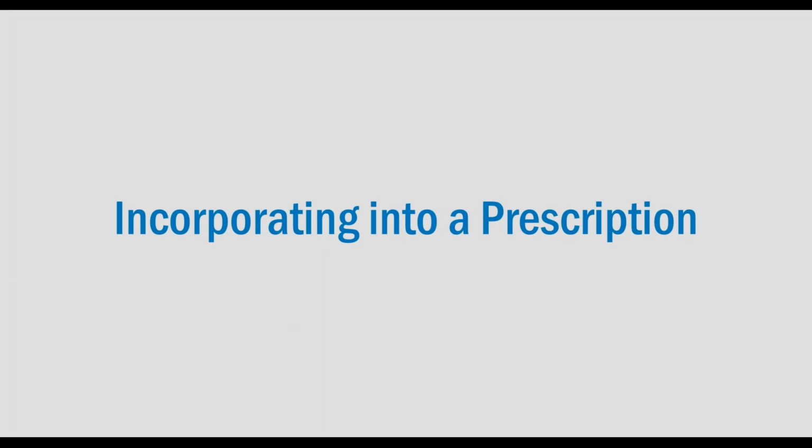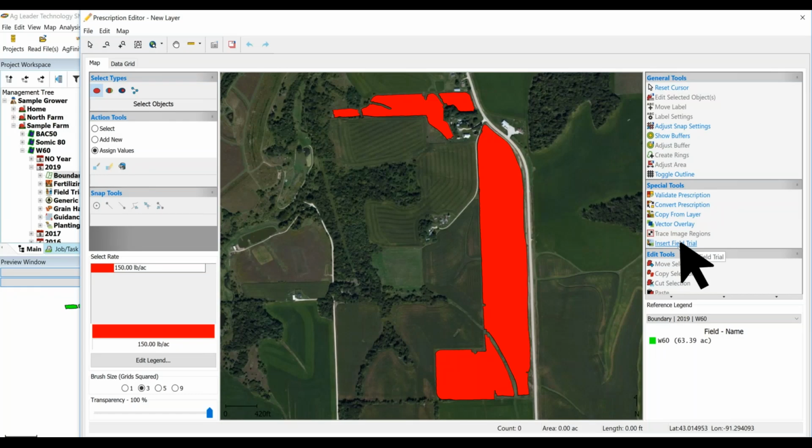All right, so now that we've got our treatment created, and we've got it placed where we want it in the field, we're going to incorporate that into a prescription. You can take either a basic prescription or a prescription created through the analysis wizard in SMS Advanced, and there will be a new tool in both of those editors noted down here on the right hand side where it says insert field trial.